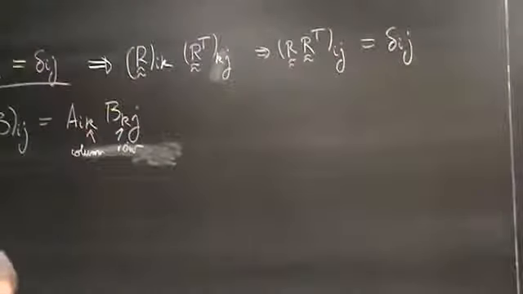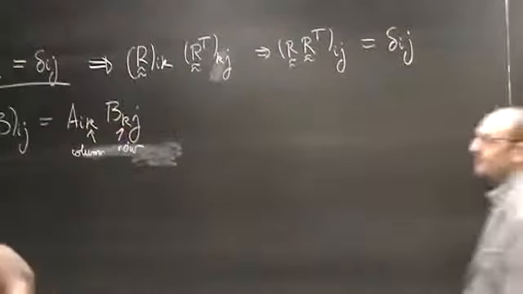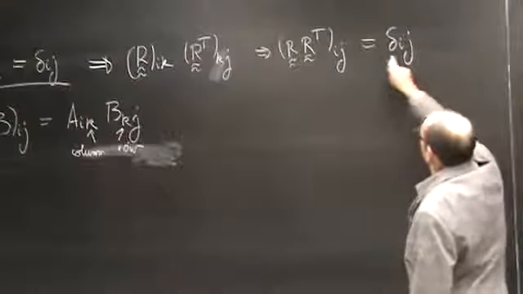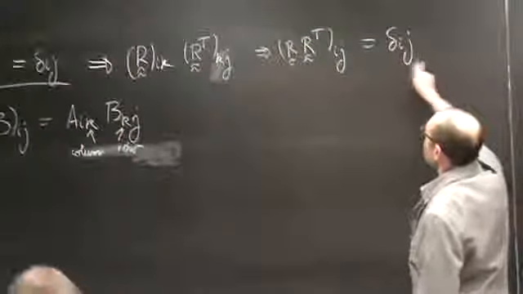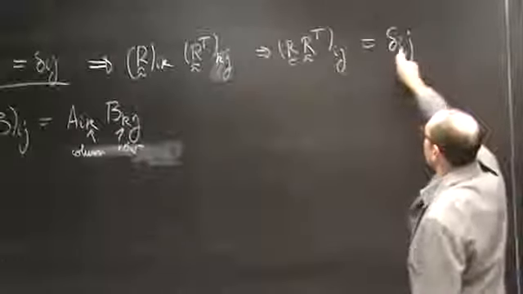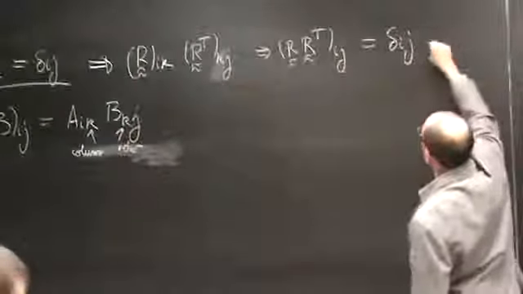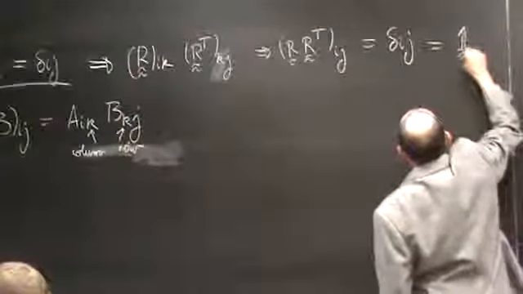So what we learn here is that a matrix whose elements are 0 unless i equals j is nothing more than the identity matrix.